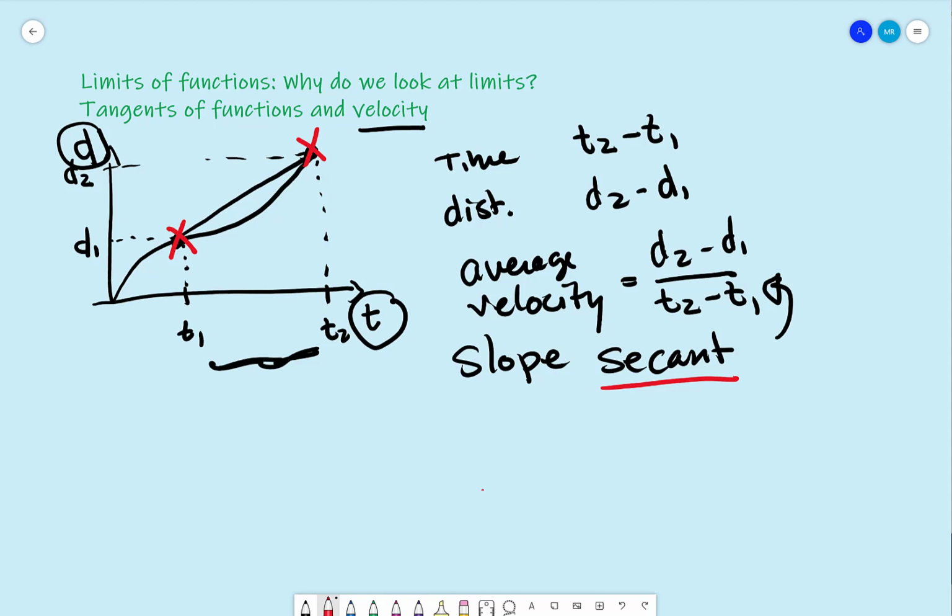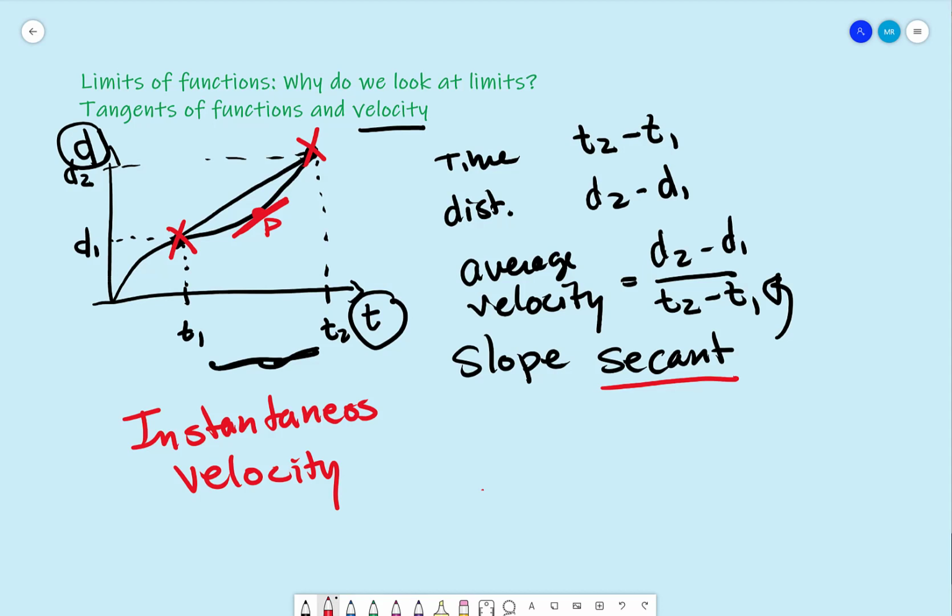Now, the average velocity is nice to know, but what if we want to know the exact velocity, the instantaneous velocity, say at this point P? Well, we define the instantaneous velocity as the slope at this point. But how do we know what the slope is at this point?